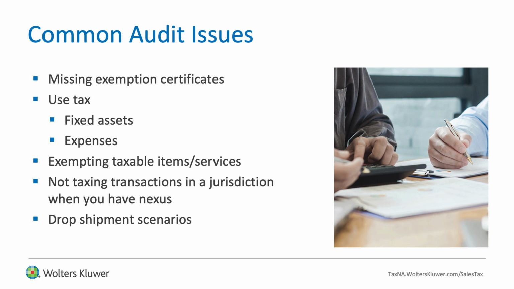So sometimes in drop shipment scenarios, you may be required to collect tax at the destination rate. You may not be eligible to use a resale certificate. It's important to understand how the drop shipment scenario works and what the states accept as valid documentation for those drop shipment scenarios.